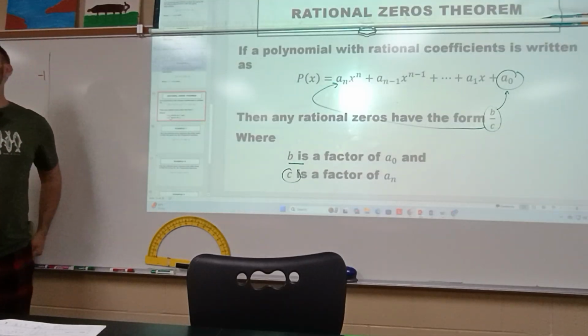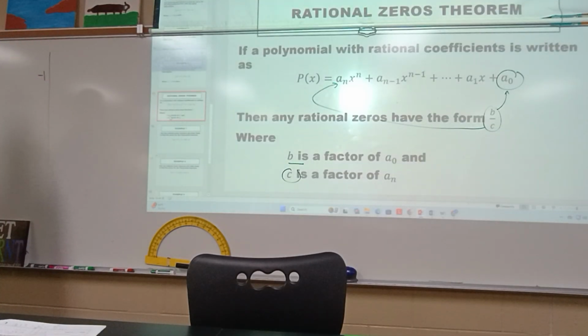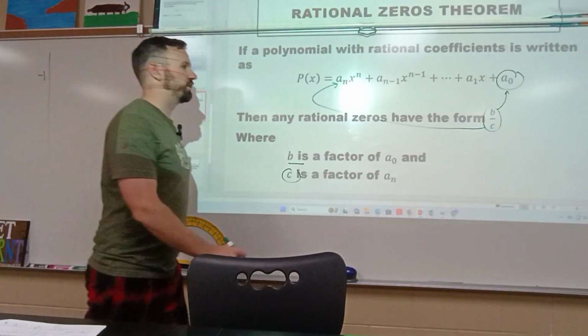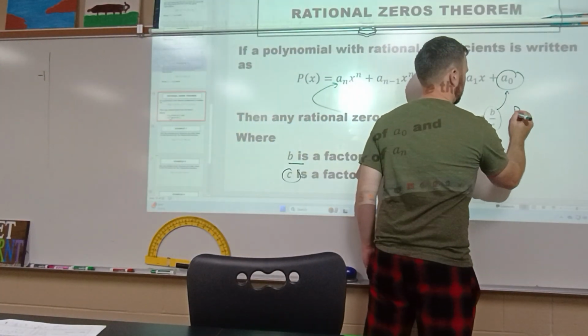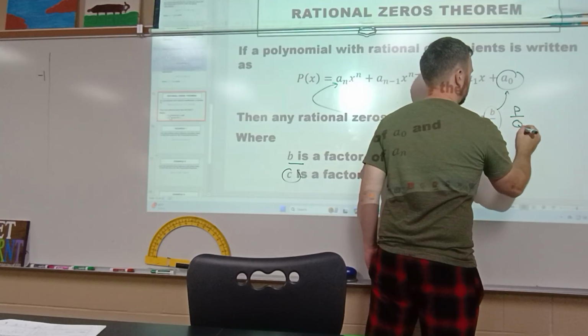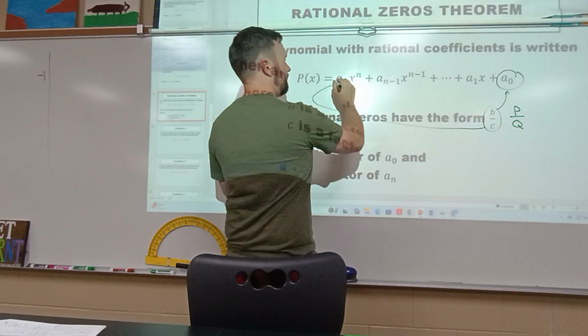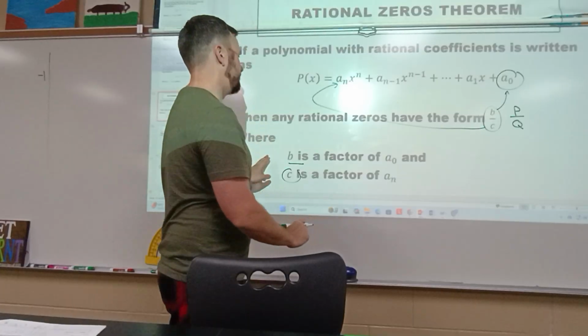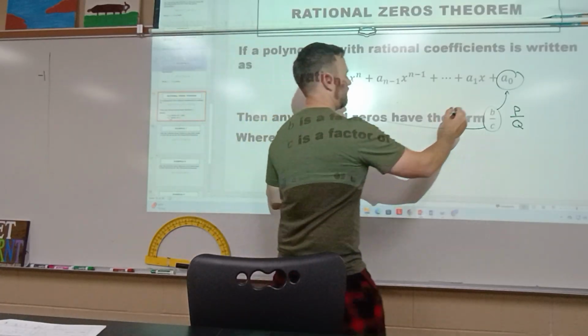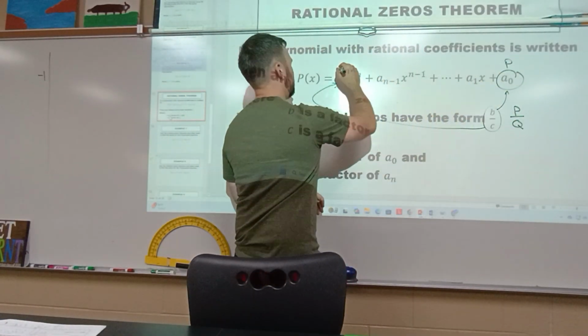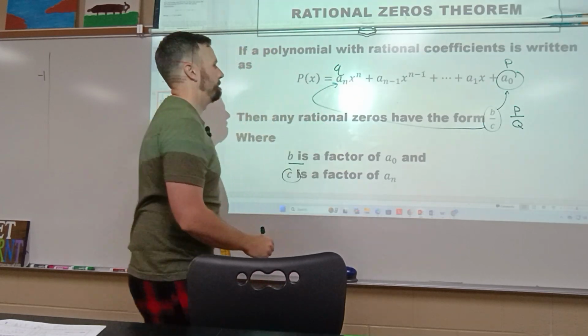So I'm going to give you a little bit different notation, one that a different textbook I learned from used. They called it P over Q, where you have your P and your Q, okay?